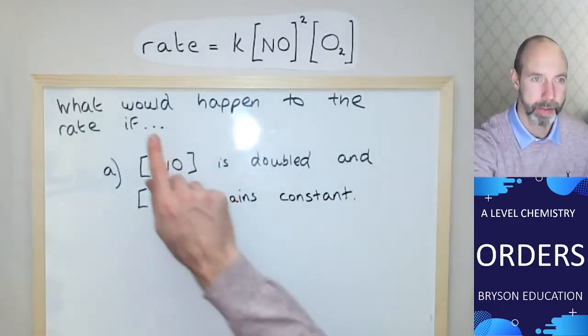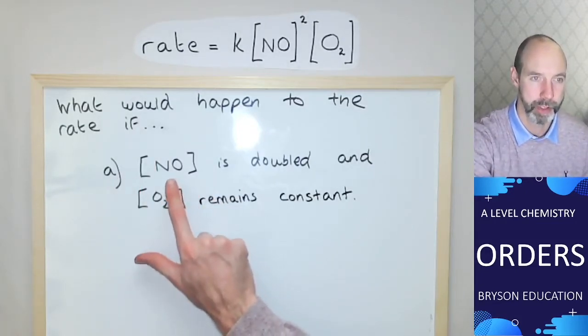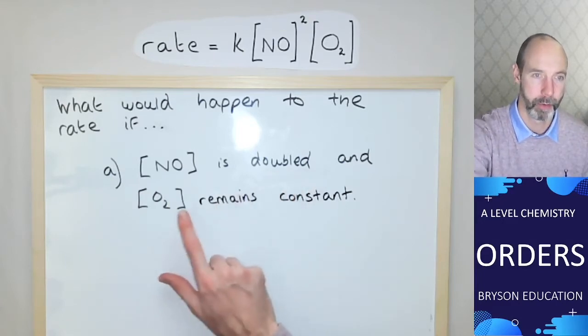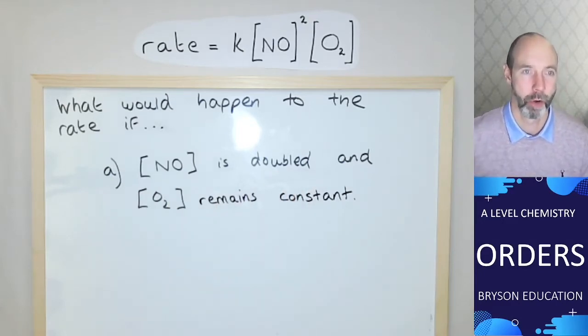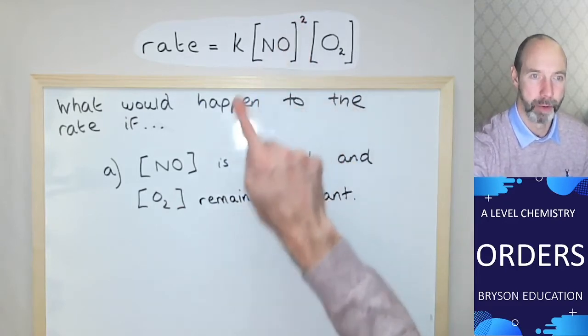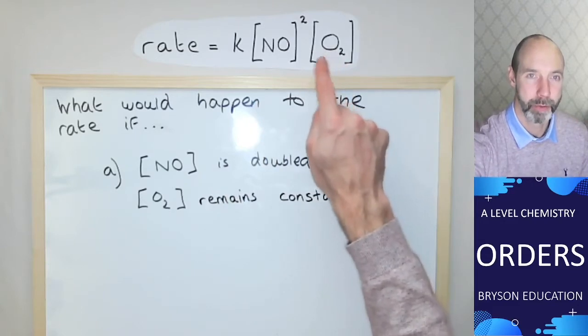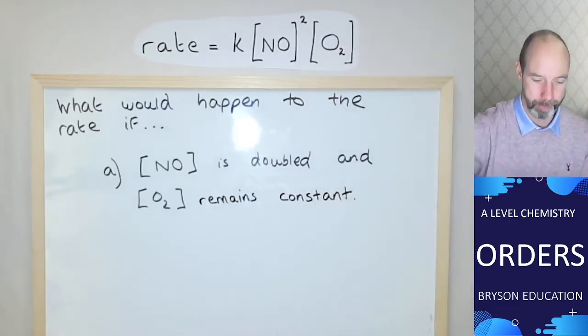Okay, so let's consider this scenario then. What would happen to the rate if the concentration of NO is doubled and the concentration of O2 remains constant? Now, we know it's second order with respect to NO, so whatever we do to NO, we need to square it, and whatever we do to O2, it's to the power of 1.